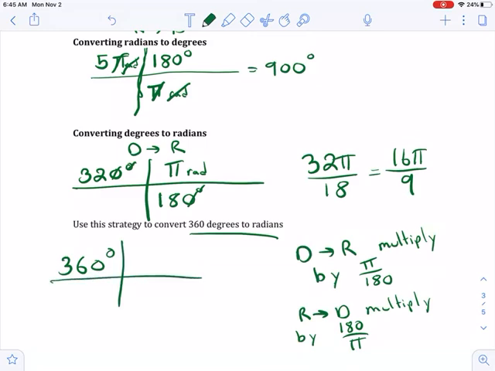I like the train track strategy because you don't really need to think about which one you need, is it flipped or is it this? We just say, okay, if I need to get rid of degrees, then I need degrees in the bottom. So in my mind, it expedites this process a little bit. So I'm left with 360 pi over 180, which simplifies down. I can just get 2 pi from there. All right, so that's the proof of it.